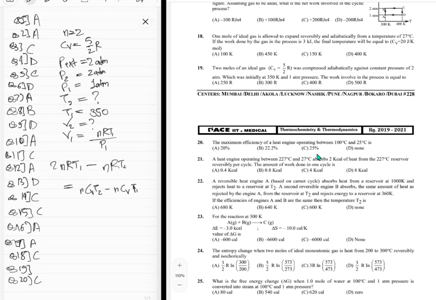So cancelling the R's and n's, you can basically say 2T1 minus T2, that was 5 by 2 T2 minus 5 by 2 T1. So basically 4 T1 minus 2 T2 equal to 5 T2 minus 5 T1. So yeah, that means this is what? This is T1 minus T2. This is T2 minus T1.